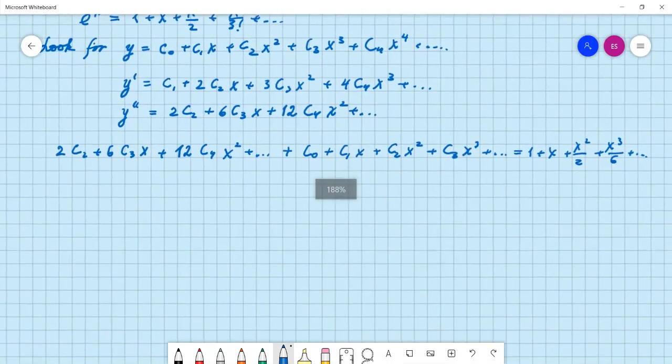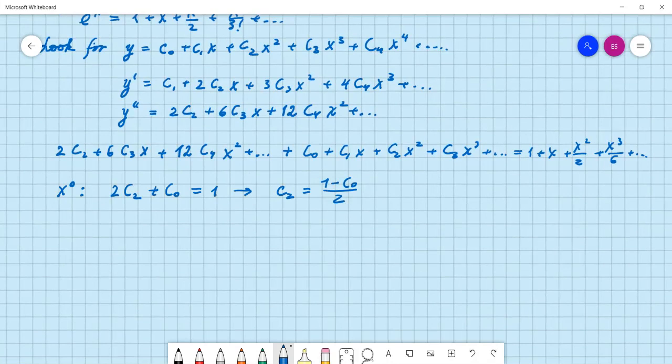Now we are going to combine coefficients in front of different powers. I'm going to start with x to the power of 0 as usual. On my left side, I have 2c2 and c0, right? On my right side, I have 1. Here I'm going to find that c2 equals (1 minus c0) over 2.